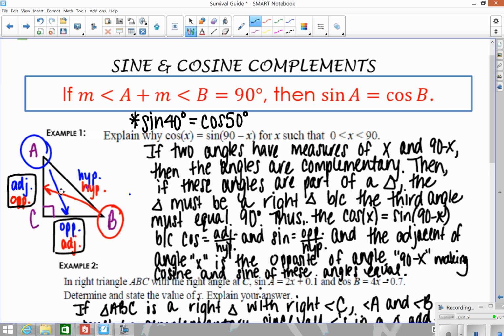So if I'm looking at the opposite of one acute angle, then it's the adjacent of the other acute angle, or the complement of it.